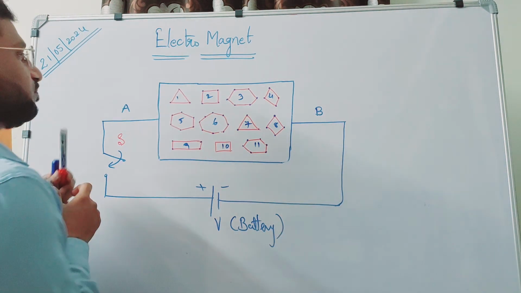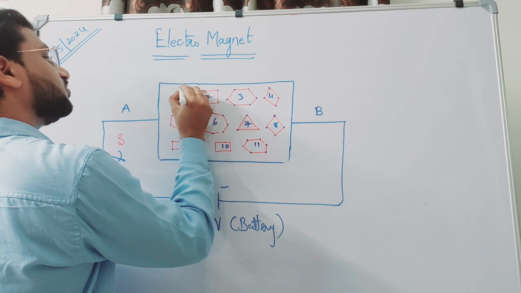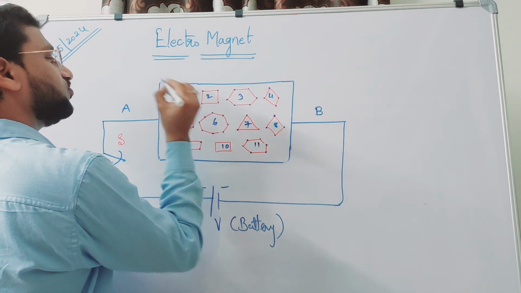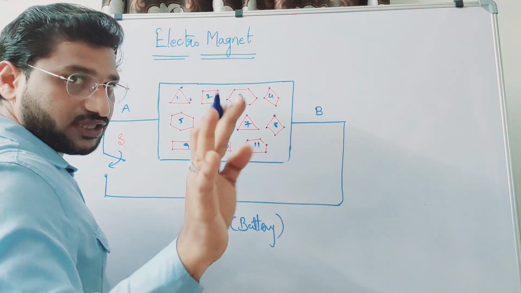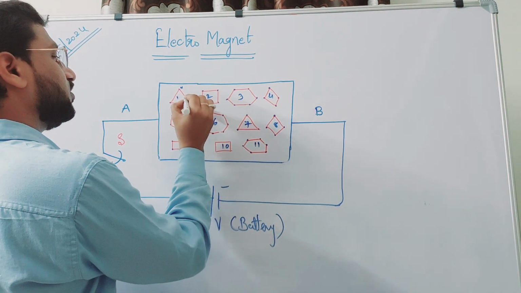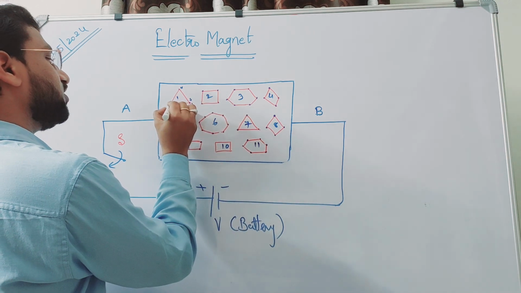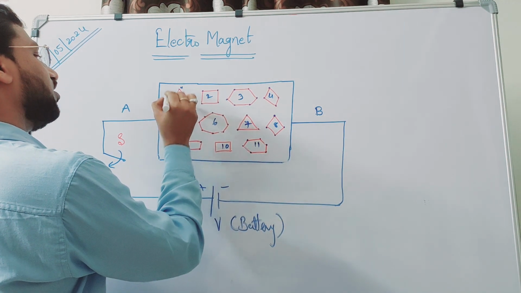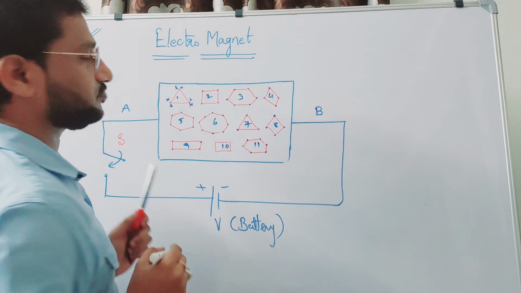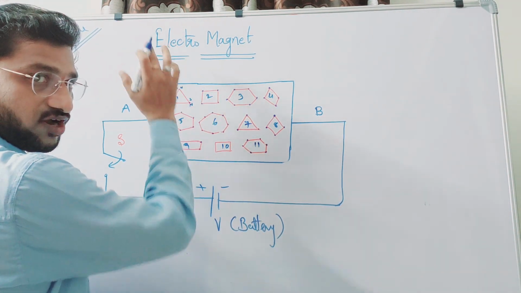Here, this is north and this is south. I think it may not be visible because the font is very small. This is north, this is south. North, south for one side.